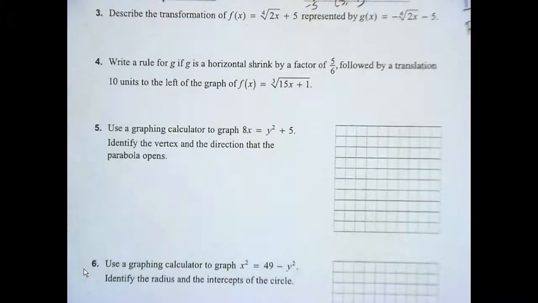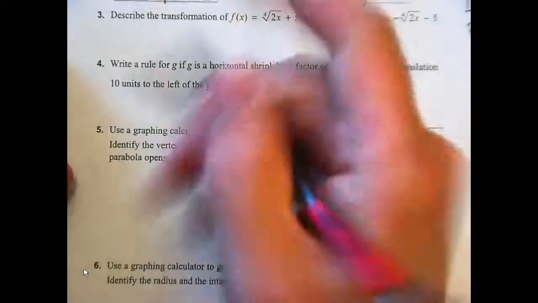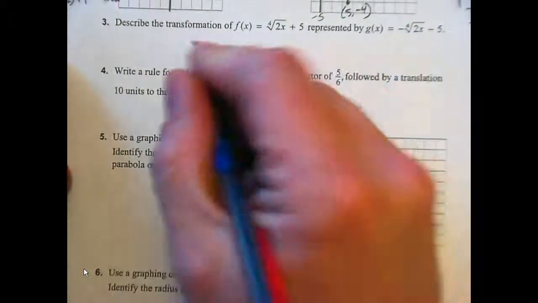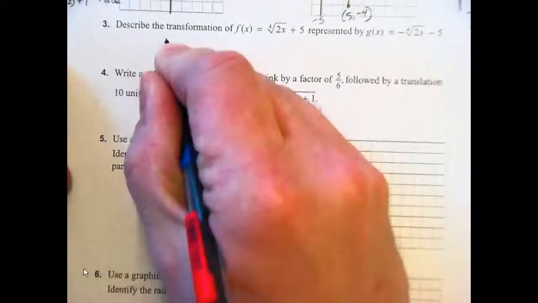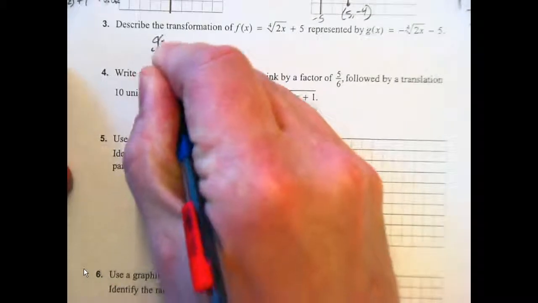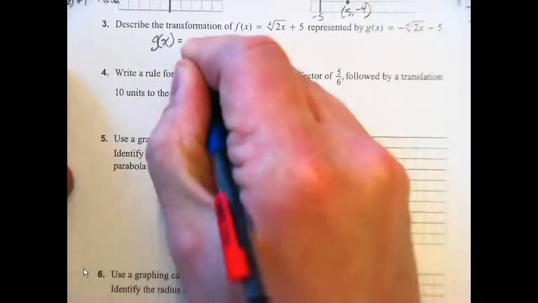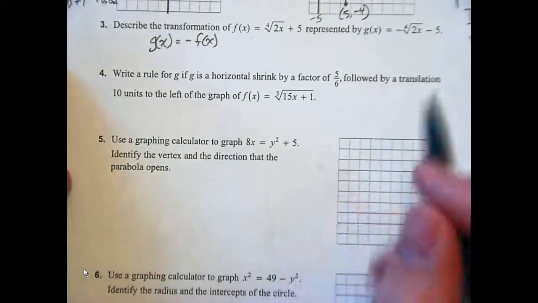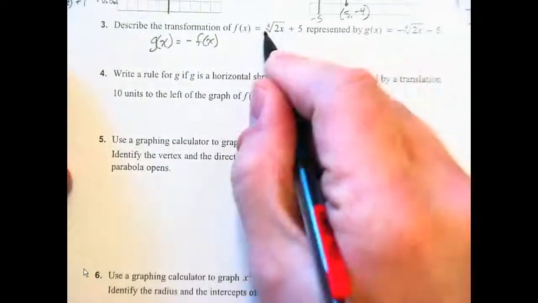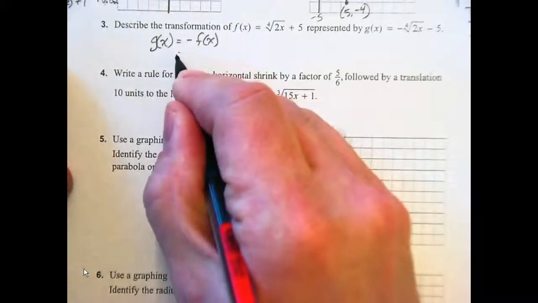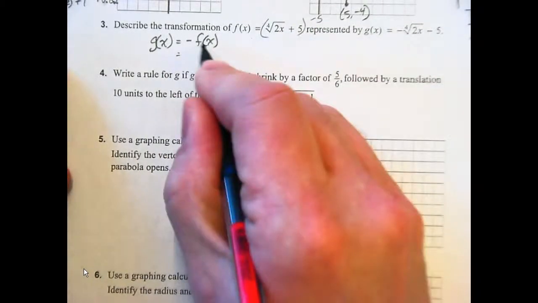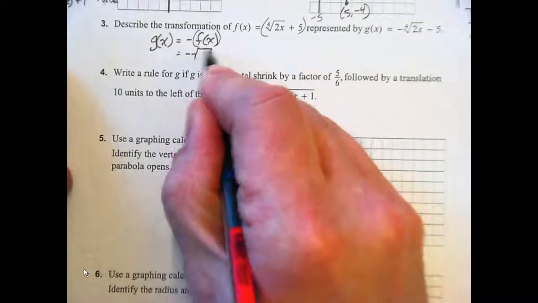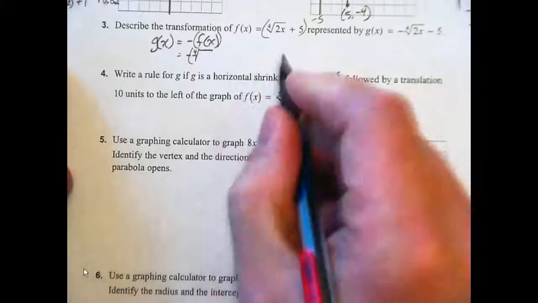A vertical reflection, or as Alex said, a reflection, or Andrew said, reflection over the x-axis. That would imply that g of x equals negative f of x, correct? So just so that we're clear, when I substitute f of x in, I'd have negative the 4th root of 2x, all plus 5.